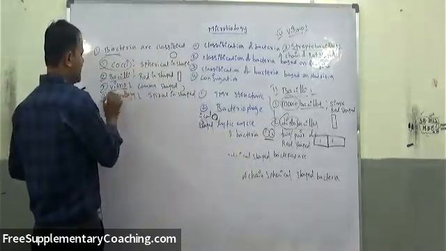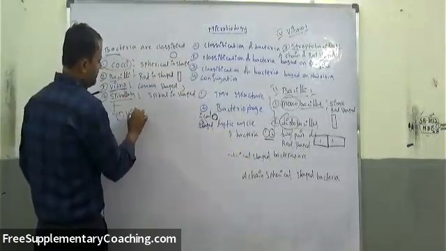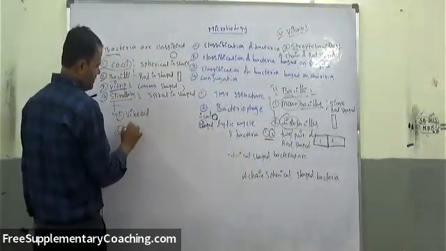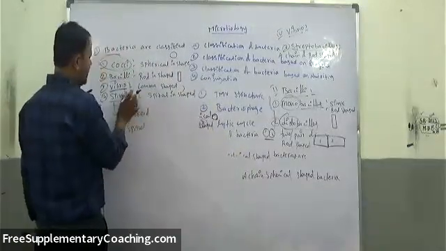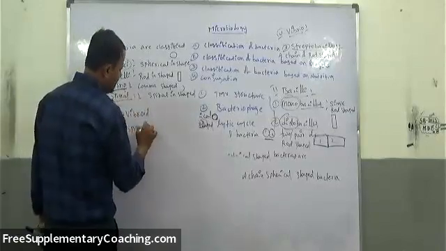Here, don't confuse, these are vibrio. Here I am writing the word vibrioid. Vibrioid. And then again spirillum. These are spiral.